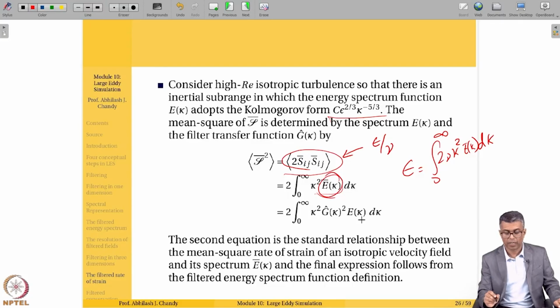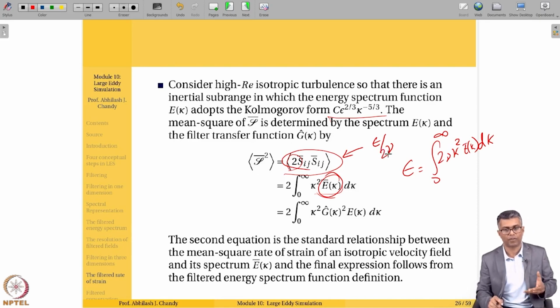Keep in mind there is one minor correction: there wouldn't be a factor of 2 here because the 2 is already included here. But again, that's what it is. So the dissipation divided by viscosity. So I believe it is epsilon divided by 2 nu.